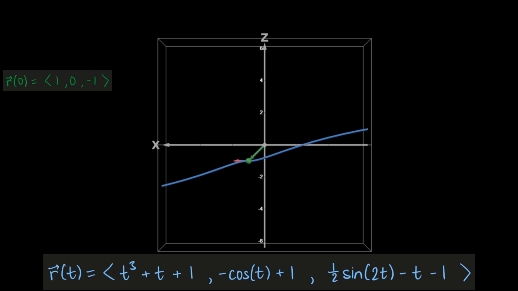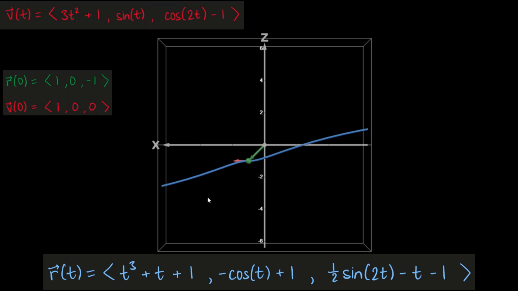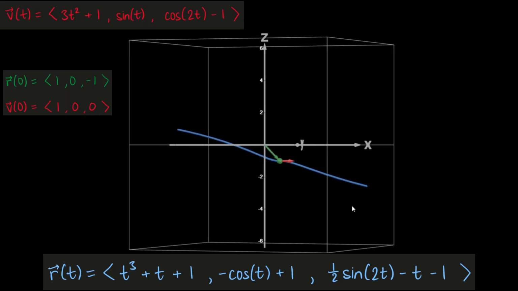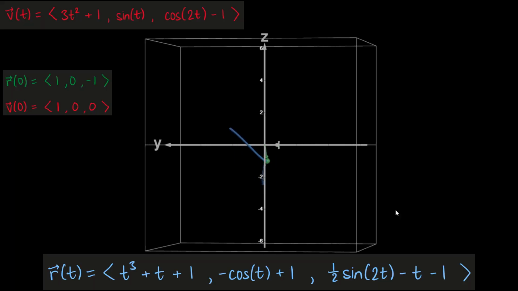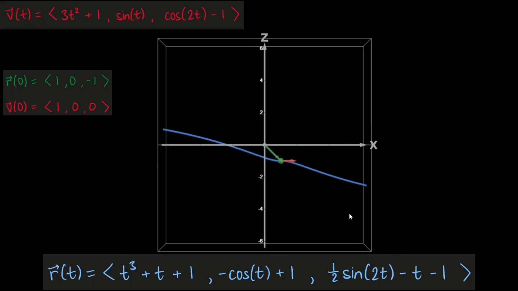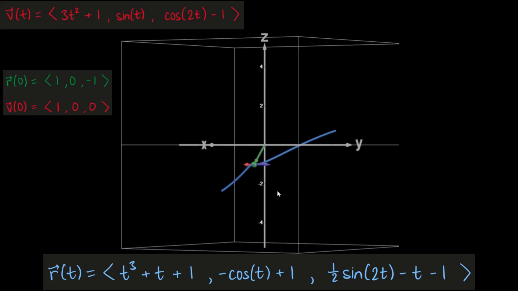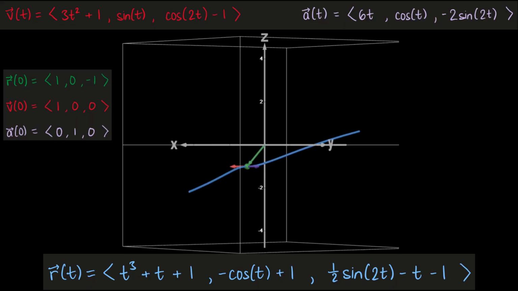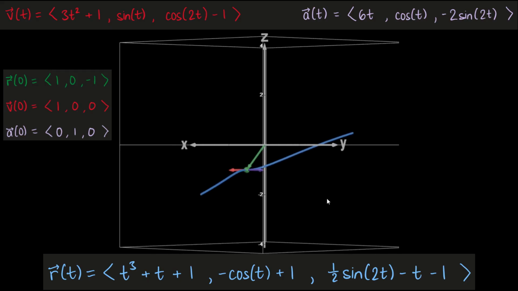What you see in red is the velocity vector. It is going to be tangent to the curve at a given point, and right now it is v of 0 specifically. And then purple is the acceleration vector. If we plug in 0 into t for a of t, we'll have a of 0 equals 0, 1, 0. So here's the vectors and the point at t equals 0.